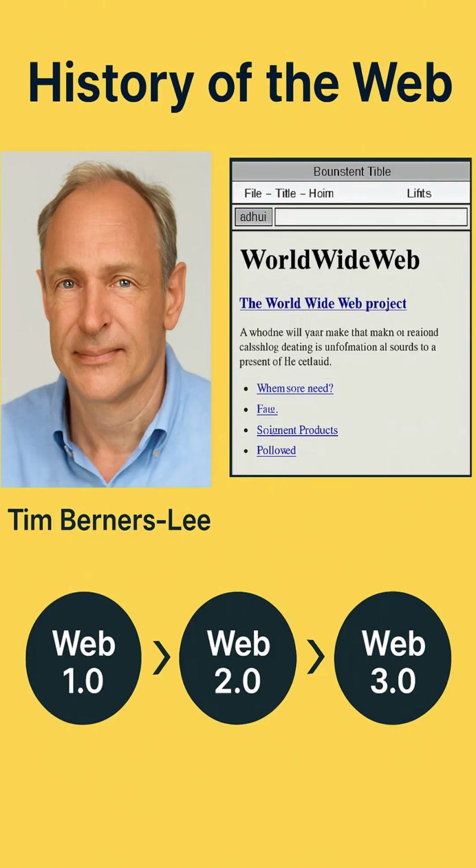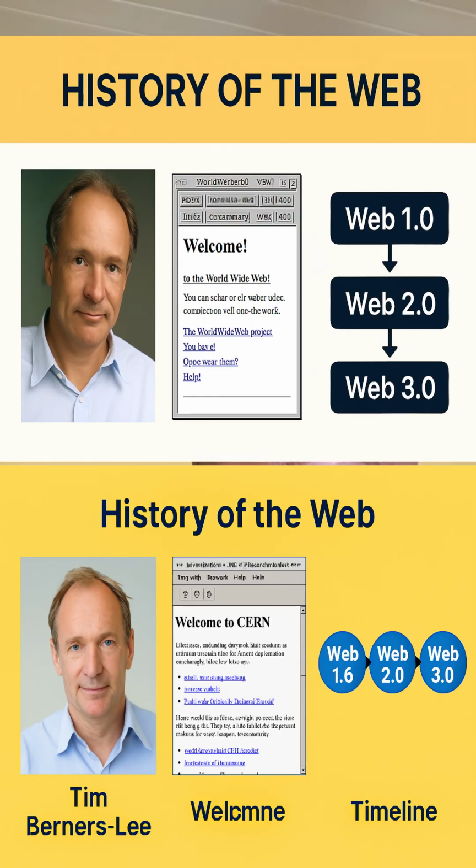A brief history of the web. The web was invented in 1989 by Tim Berners-Lee while working at CERN. His idea was simple but revolutionary: the use of hypertext to connect documents across different computers. Then in 1990, the first web browser, called WorldWideWeb and later known as Nexus, was created.